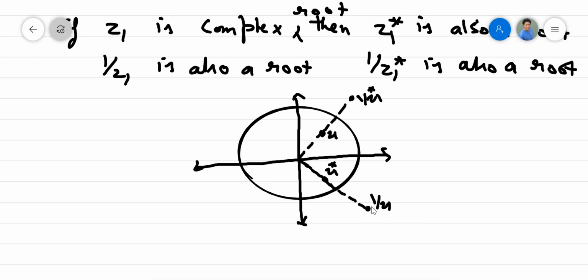If there is a zero at a real point, Z2, then 1 by Z2 will lie here.